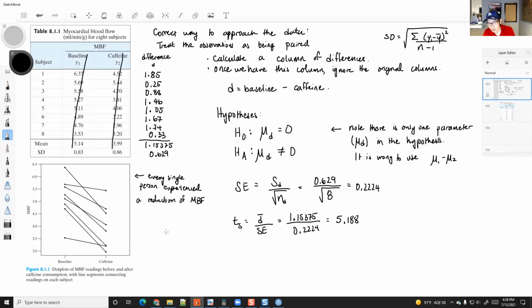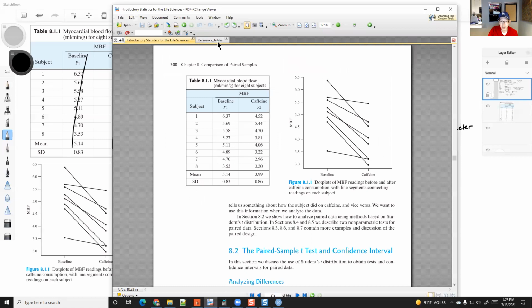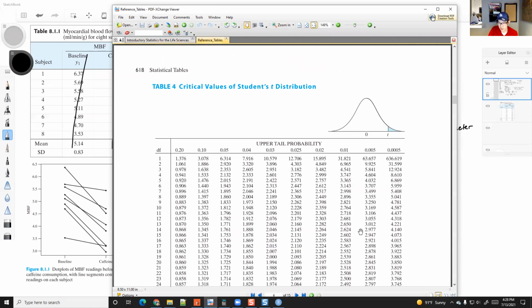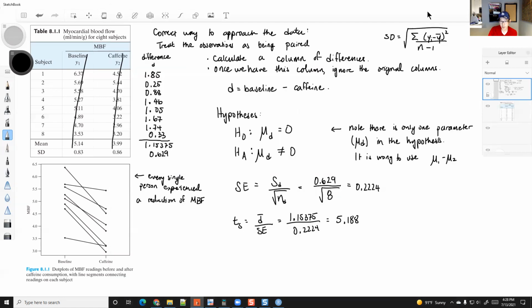So we compare this versus our previous answer, where I think we looked at 14 degrees of freedom and our number was something like 2.7. This time, our test statistic is much farther away from 0, right? It's at 5. Okay, so it's going to be very, very significant. So we're going to look this up.